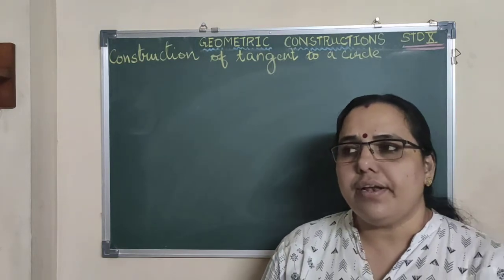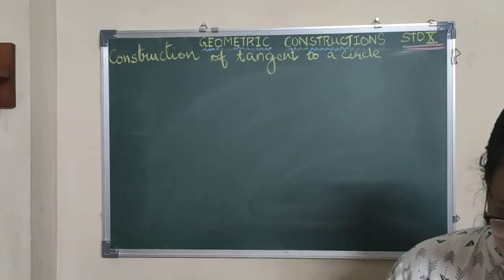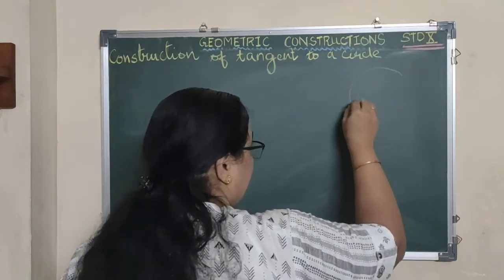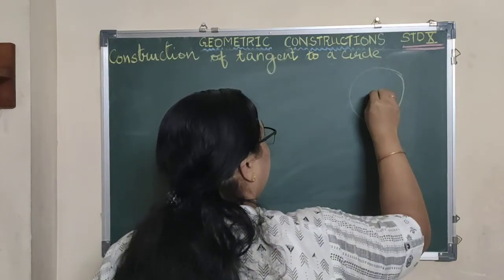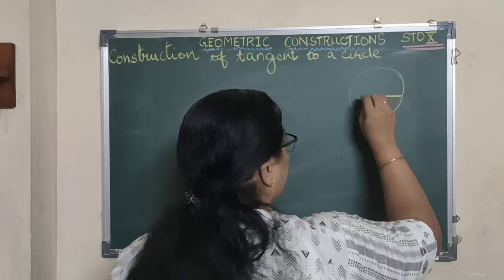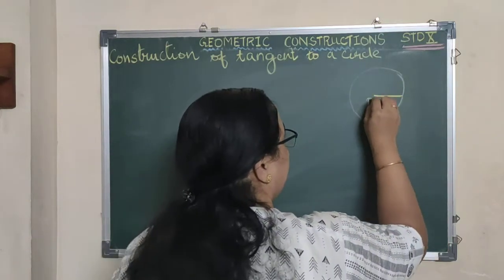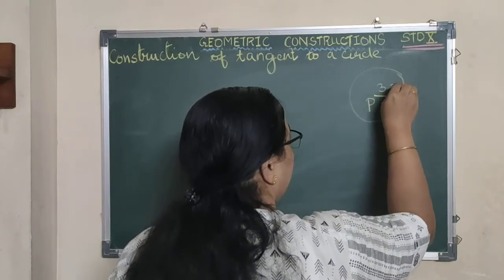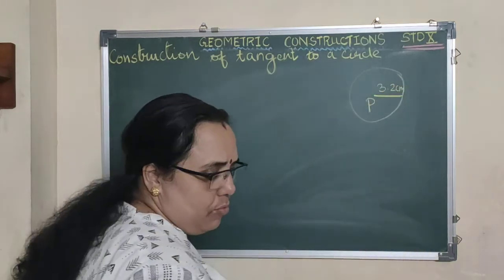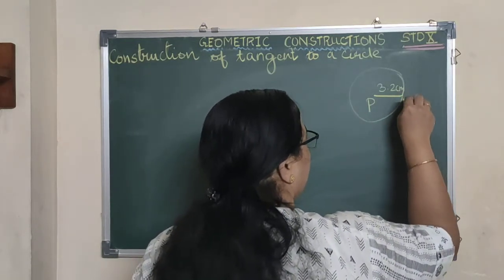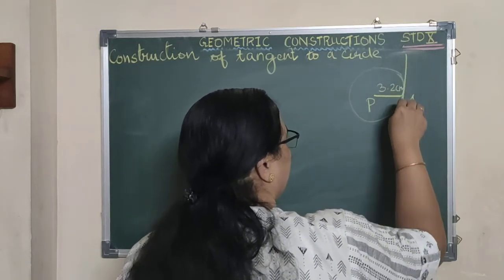So see children, whenever we say circle, circle is identified by its center and the radius. So here the center is named as point P and the radius is 3.2 centimeter, and there is a point M on the circle for which we have to draw a tangent.